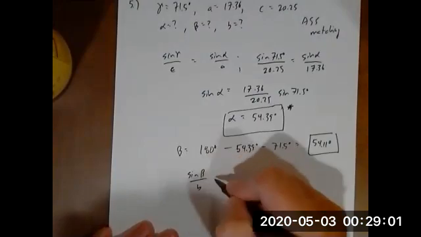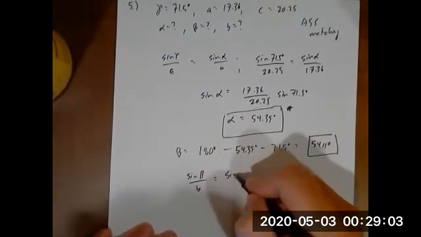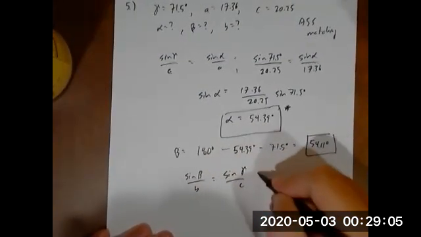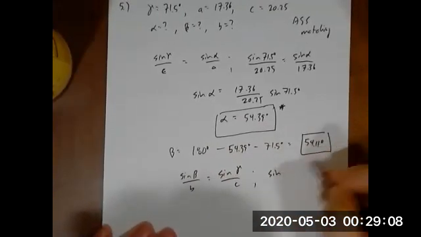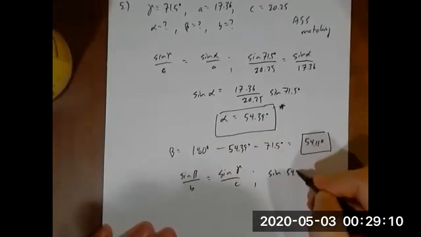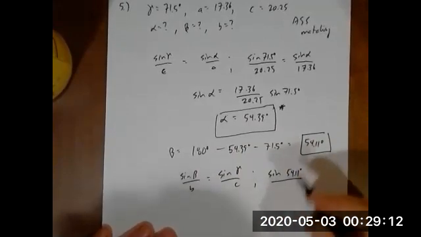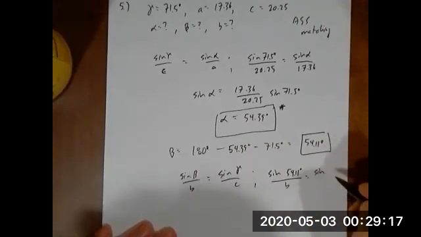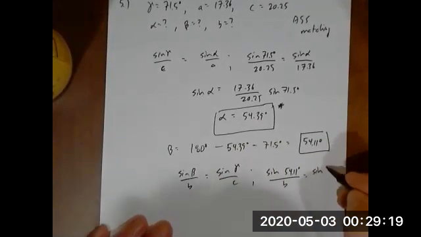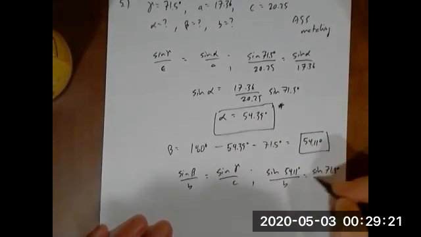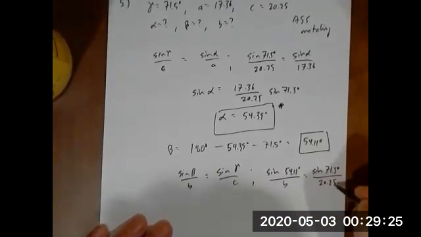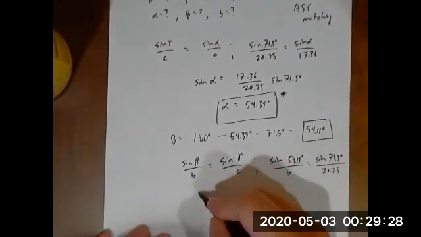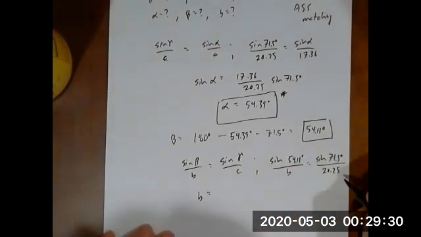So use the law of sines. I'll go ahead and just do gamma again. So the sine of beta, sine of 54.11 degrees, over B, I don't know B, equals sine of gamma, sine of 71.5 degrees, over C 20.25. Cross multiply and solve for B. I got to be careful about this.